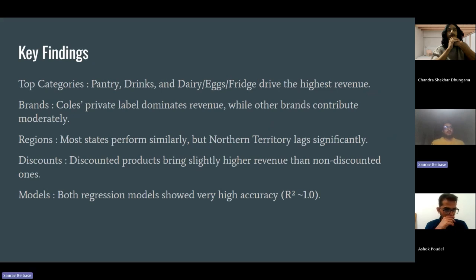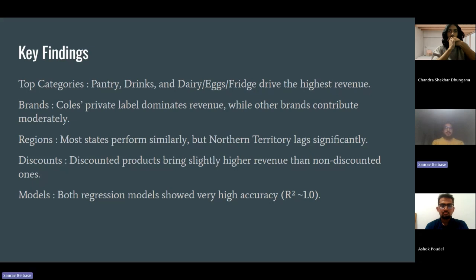Let's continue with the key findings. Here we can see that the top categories of Coles are pantry, drinks, dairy, eggs, and freezer drive the highest revenue. Among brands, Coles private label dominates revenue, while other brands contribute moderately.